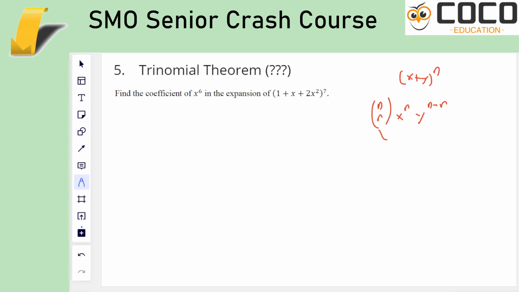Well, this means that you choose to pick x from the x plus y r out of n times. Right? There are n brackets, and to get x to the r, y to the n minus r, expansion just means pick one from each bracket and multiply them together.